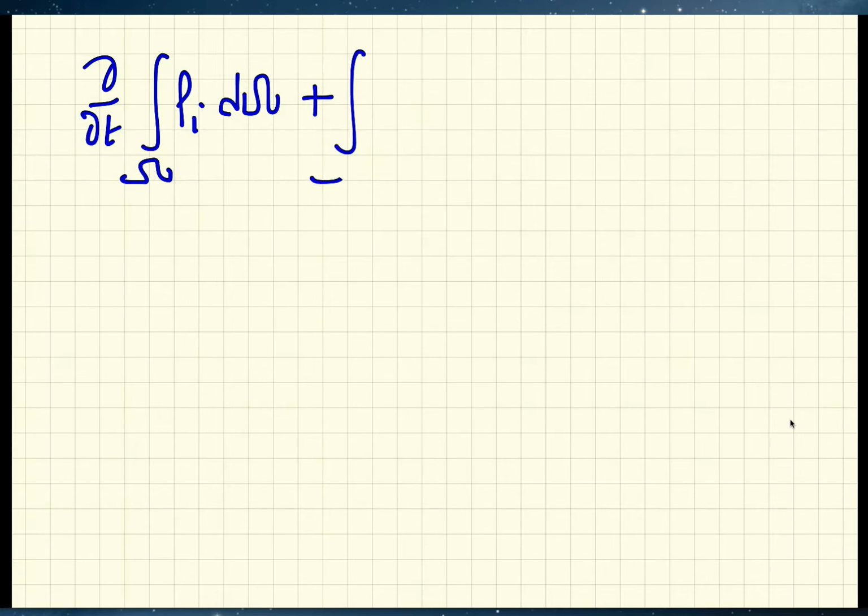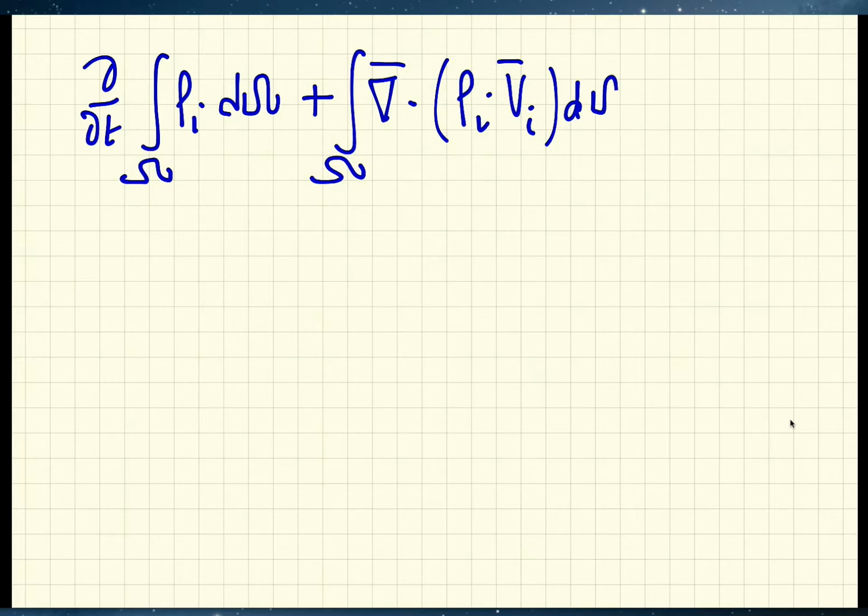So if we do the Gauss, then we would pull out the d by dt outside the integral, and then we have volume integral of rho I d omega, plus now the Gauss gives us the divergence of rho I times the vector v sub I d omega, and this is equal to the volume integral also of r sub I dot triple prime d omega.